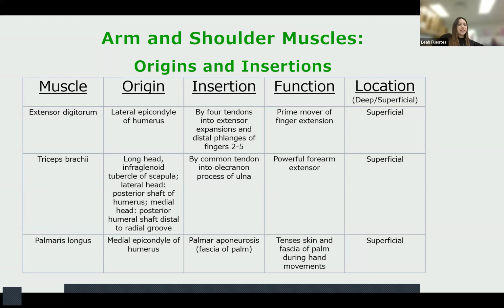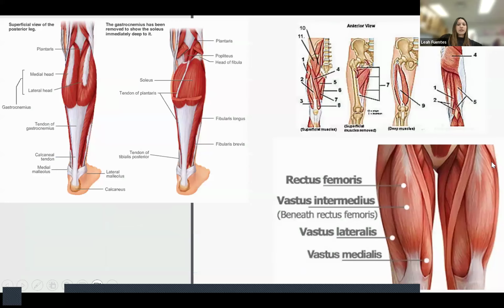Palmaris longus, your humerus, and your palmar aponeurosis, or the fascia of your palm. Let's see, powerful forearm extender, prime mover of finger extension.